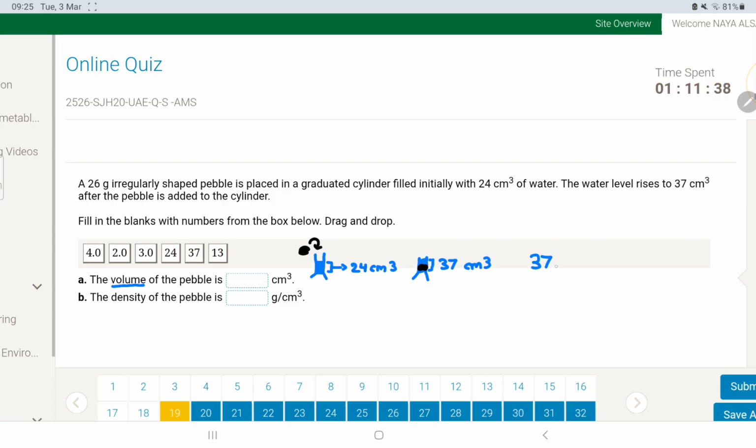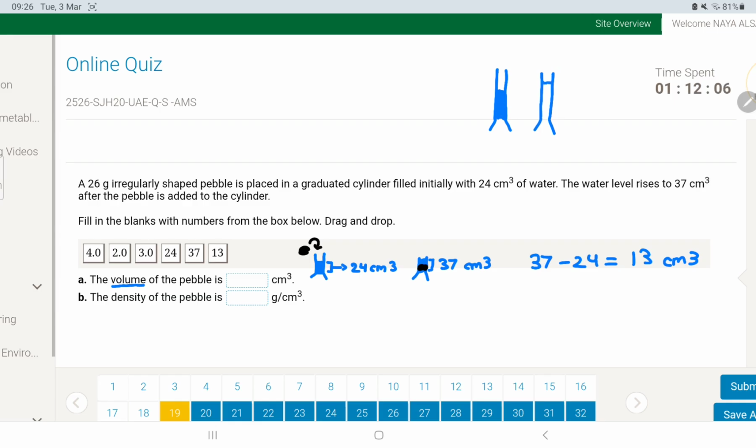We do 37 minus 24. You get 13 centimeters cubed. Now, guys, basically what I mean is, let me make it bigger and more clear up here. You have here two graduated cylinders. One when the object is in, one when it isn't in. Here, it was 24.